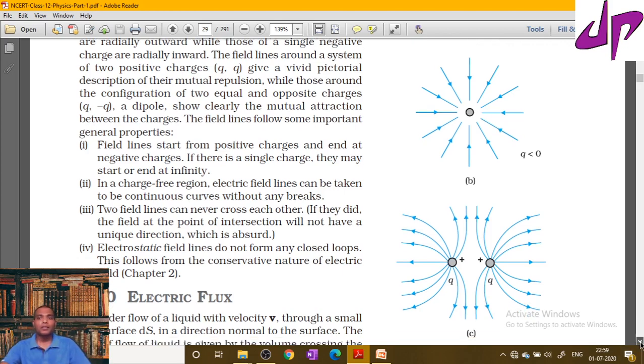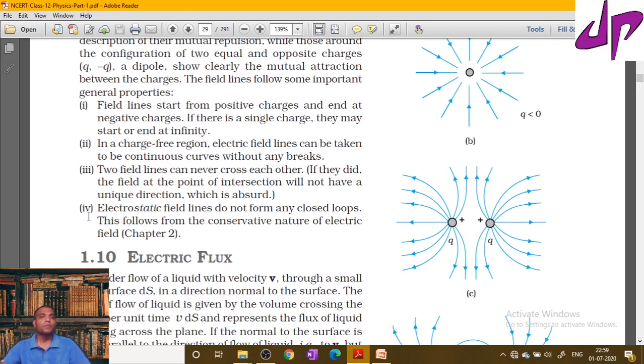And the fourth point, a very important point: electric field lines do not form closed loops. Why do they not form closed loops? We can understand that explanation in the coming chapter.